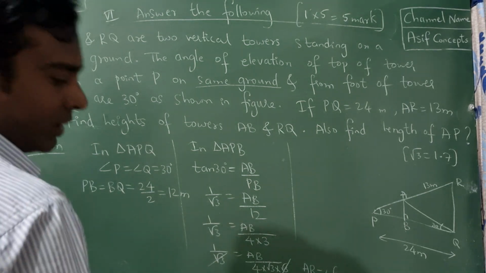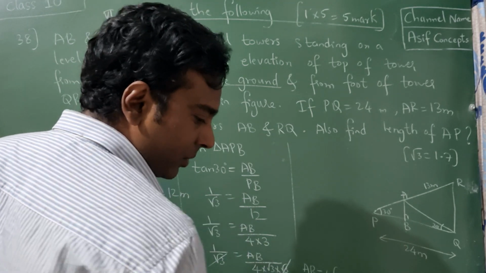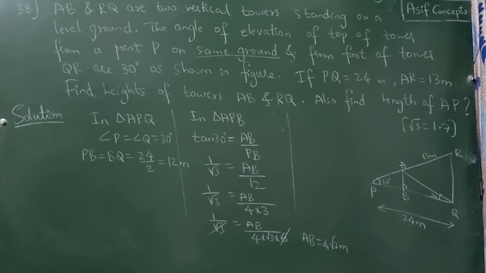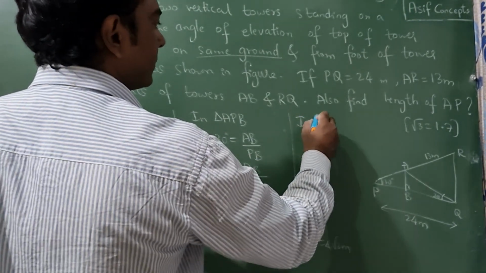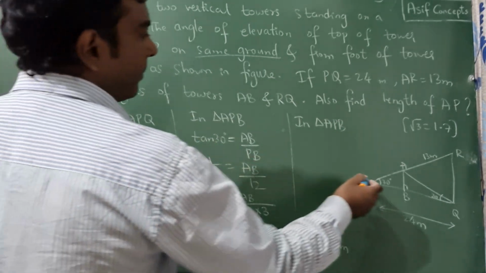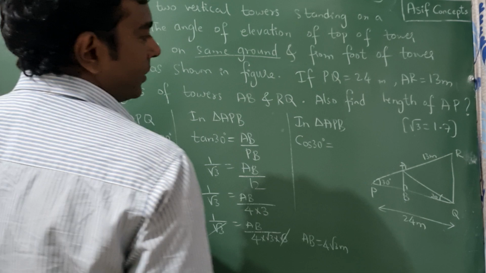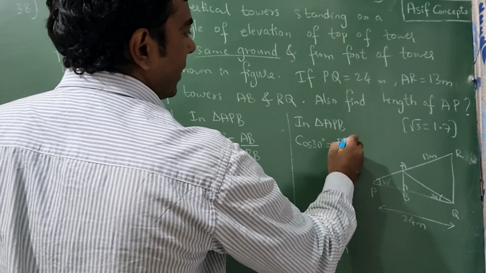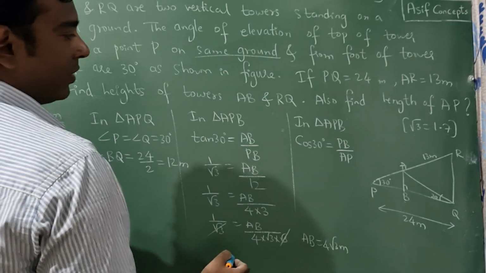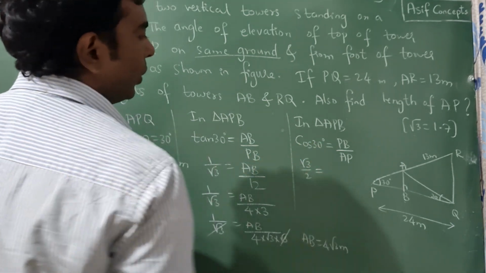Now I am going to consider one more triangle by name ABP. Again triangle APB. Now this time I am going to consider cos 30. So cos 30 means adjacent by hypotenuse, that is PB by AP. Because I already have the value of PB. Cos 30 means how much? It is root 3 by 2.